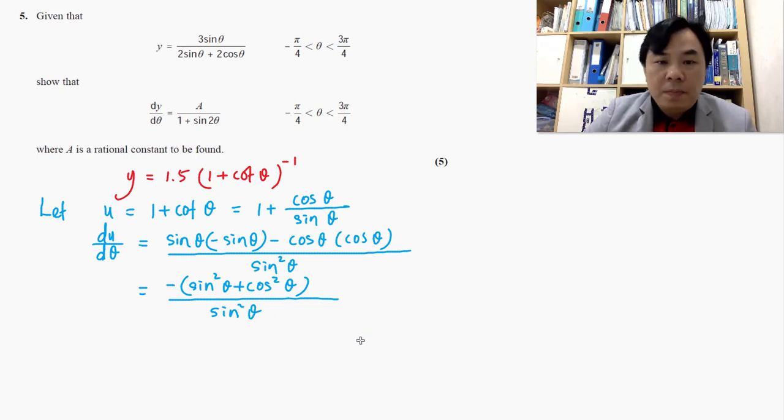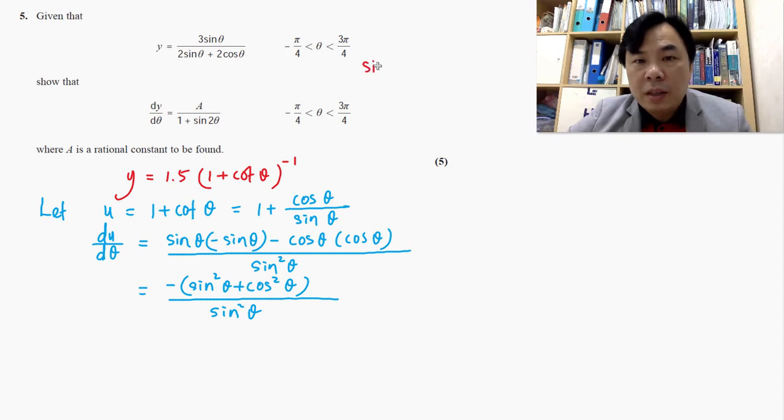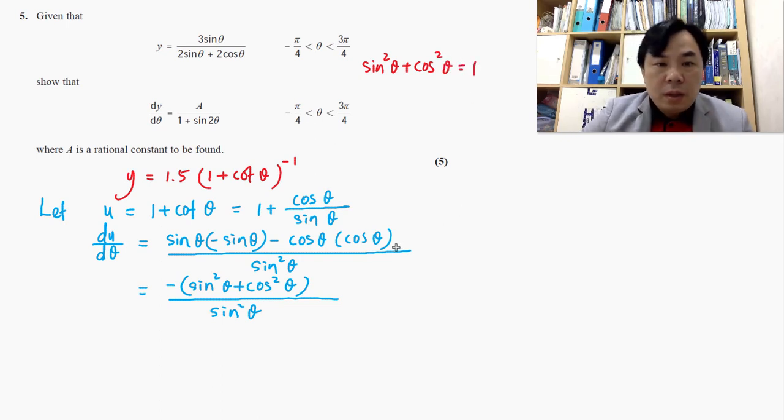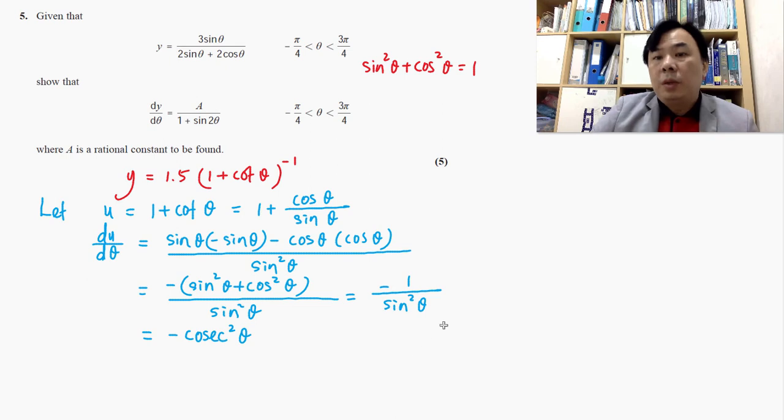Alright, you can see that. And then from here, again, we can refer back to the identity. So here I'm going to write down the identity one more time, just as a reminder. Okay, so from here itself, we know that we have negative 1 over sine square, which is typically negative cosecant squared, if you like to put it in this form. Right? Okay, there you have it, our du d theta.